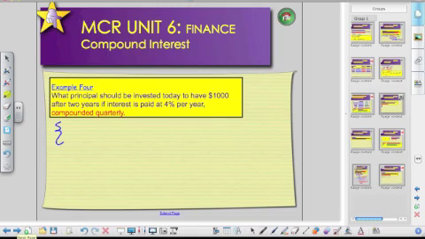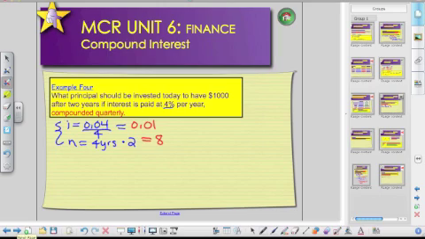So first of all, I'm going to focus on my interest rate. Interest is equal to 0.04 divided by 4. And that gives me a final interest rate of 0.01. And my N is going to be the number of years, 2 years, multiplied by 4, which gives me an answer of 8.